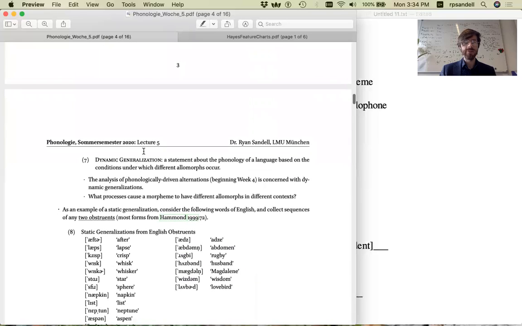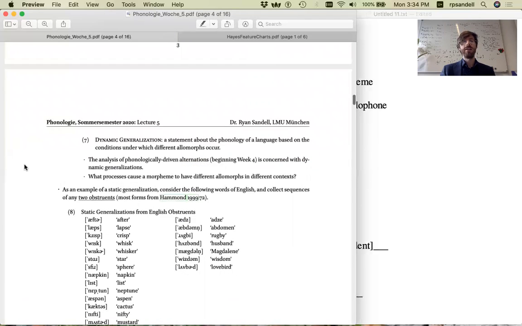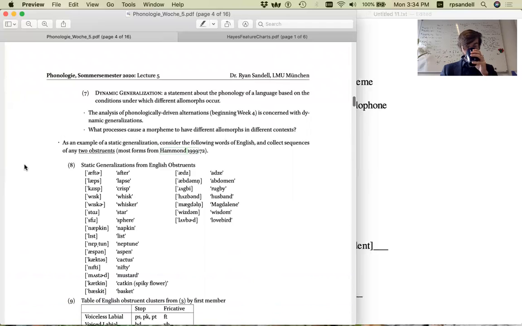So to give a precise definition here, we can say that a dynamic generalization is a statement about the phonology of a language which is based on the conditions under which different allomorphs, that is, the different pronunciation variants of morphemes, can occur. And in last week's lecture, when we began conducting some analysis of phonologically driven alternations, that already was starting to look at dynamic generalizations.